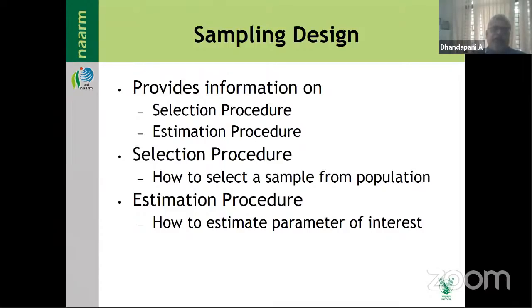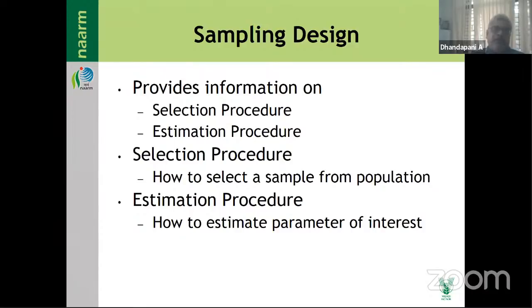They will be talking about what is called a sampling design. A sampling design in sample surveys should provide information on two things. One is how the units are selected in your sample. That is the first one, what we call the selection procedure.